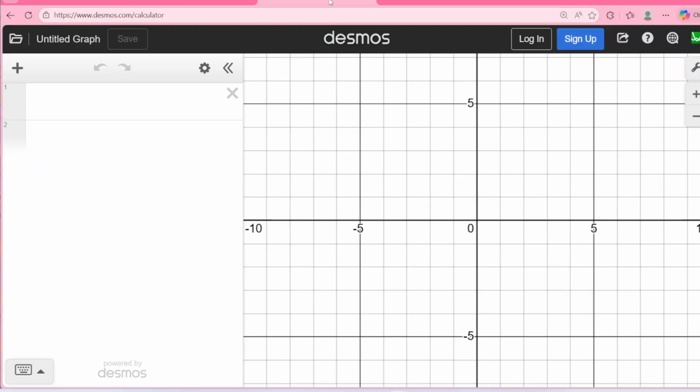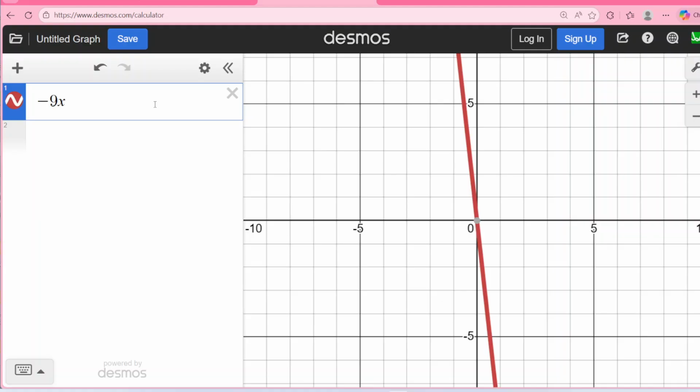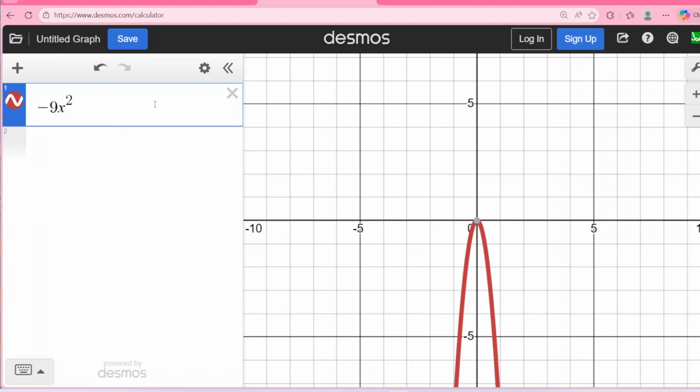I'll show you that picture as well. Here's that free online graphing calculator site, desmos.com. I'm given this equation with the x and y involved, negative 9x squared minus 5y squared equals negative 3.